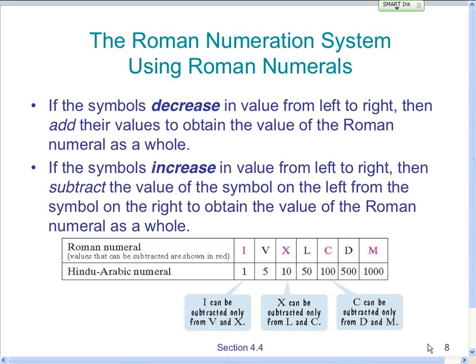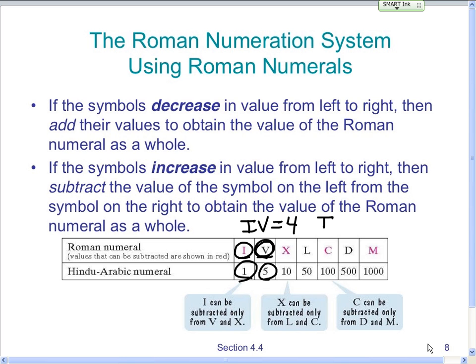The other thing, you can only go 2 numbers up when you're subtracting. So I can put an I in front of a V, so I, V, that's allowed, which will give you 4, because you take the 5 and subtract the 1.